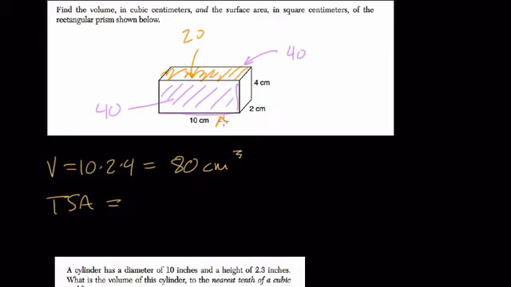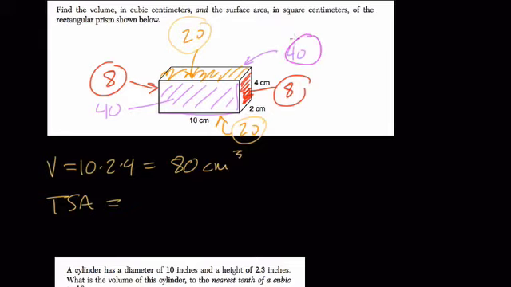The same on the bottom. And then we have 2 more to go. Here, this is 4 by 2, or 8, and this is also 8. So we add these up. We have 2 8s, 16, plus 40, 56. Plus 80 is 136. So 136 square centimeters.